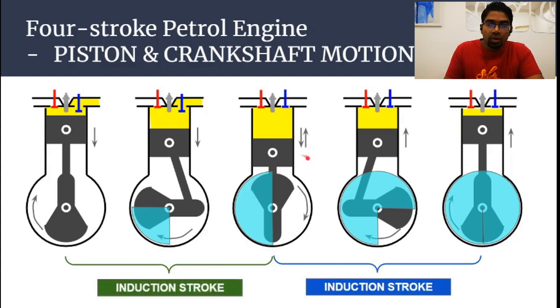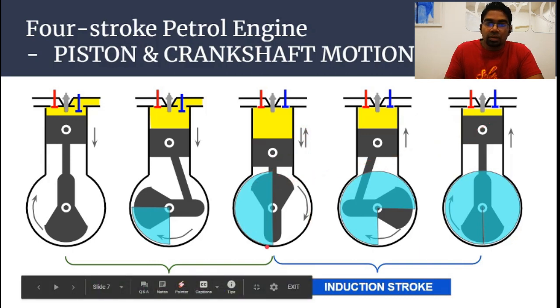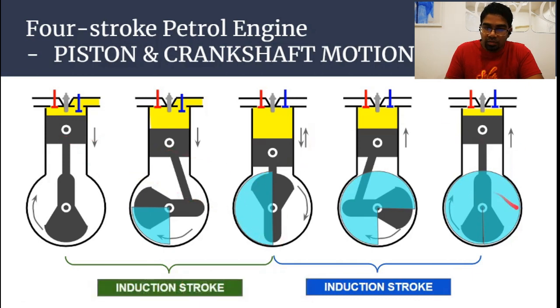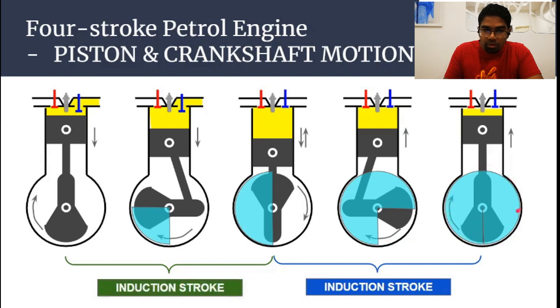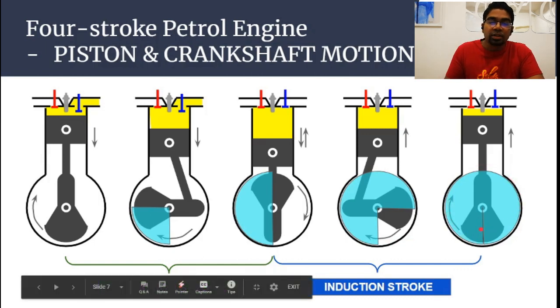Then from the bottom all the way to the top is another half. So from top to bottom is half, bottom to top is another half revolution. So this is not the induction stroke, sorry, this is the compression stroke. So one full revolution is made by the time we reach the compression stroke.